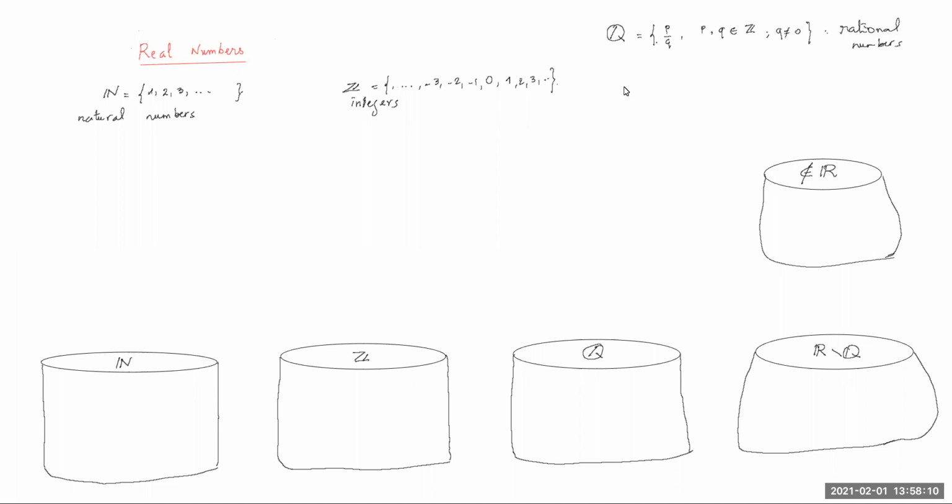Then a bigger set is R that contains all three. So it's R, the set of real numbers.